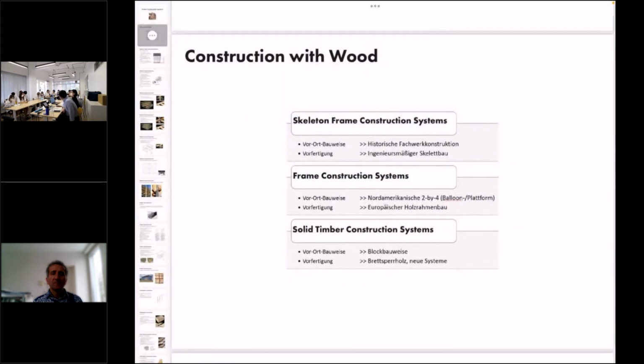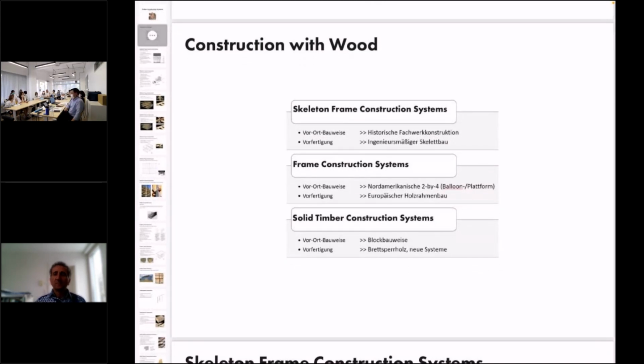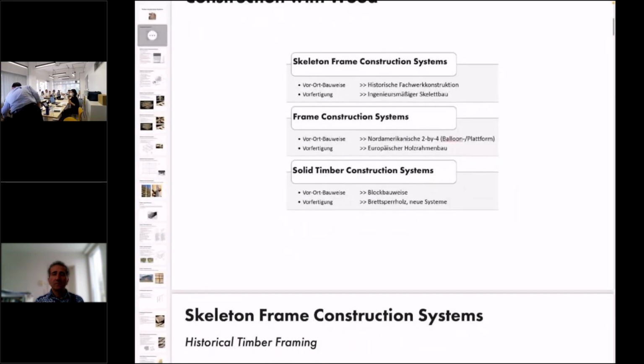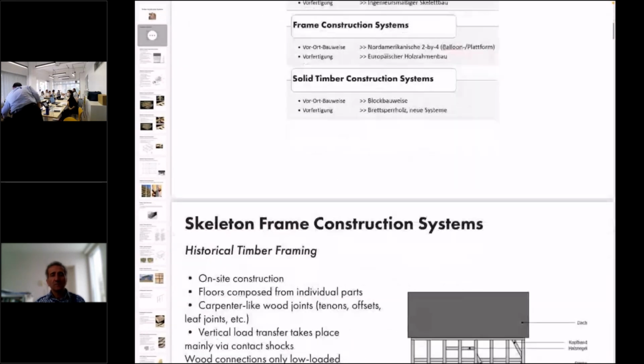And the skeleton frame in an historical and engineer skeleton frame. The frame construction with the North American balloon and platform frame, and the European frame construction. And solid timber construction systems also can be separated in some more different types we will mention later.